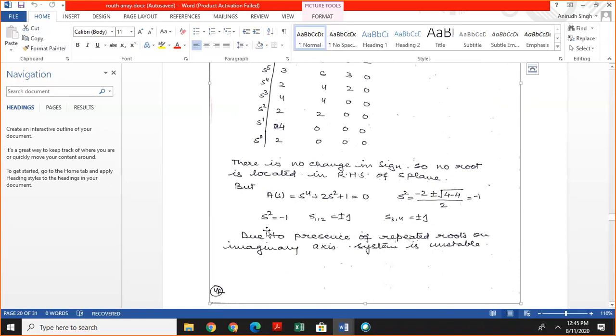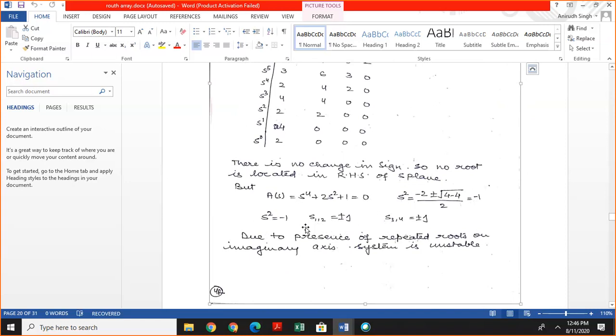Here we get s square is minus 1, so the roots are plus minus j.